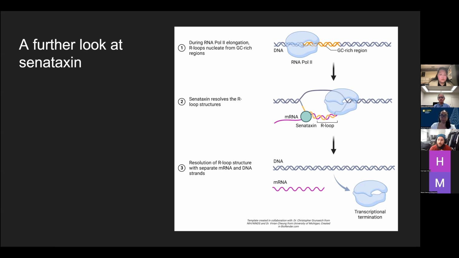This leads to the mRNA making this R loop complex where the top healthy DNA strand is exposed to outside factors that can cause all sorts of damage and not good things. So what senataxin does is it comes in, recognizes the R loop, detaches the mRNA, and allows the DNA in general to retangle up how it's supposed to.